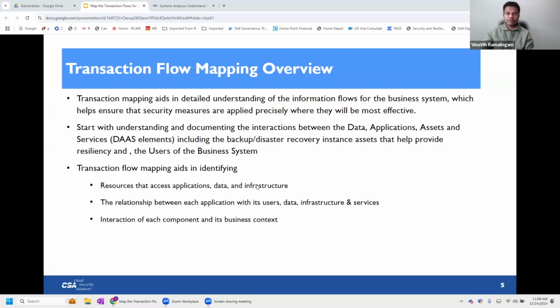So that's the overview we have set here, and we would be looking for John to see if we have missed anything and if you want to add anything on why we need a transaction flow. Yeah, you need a transaction flow to have system knowledge, to have visibility. We lack visibility. And the architecture itself is a flow-based architecture, right?